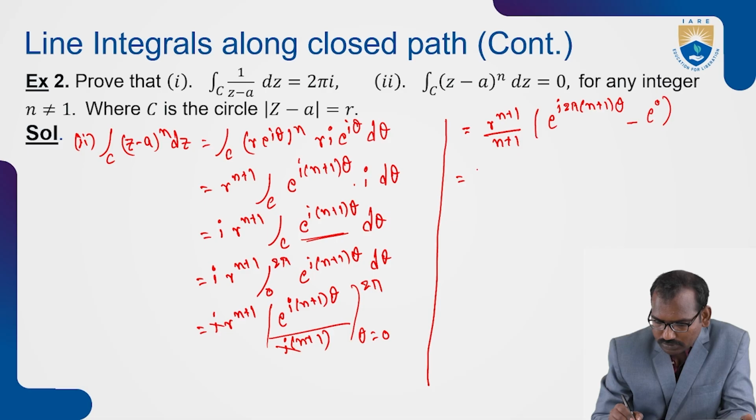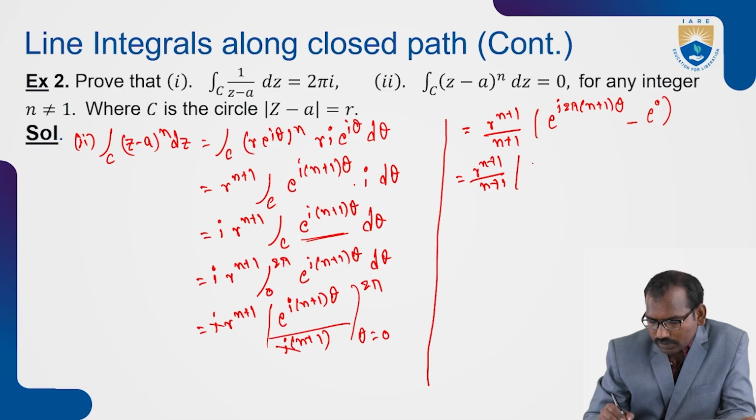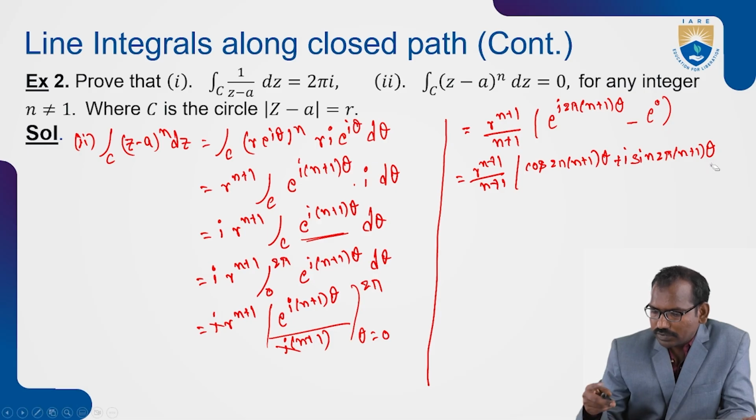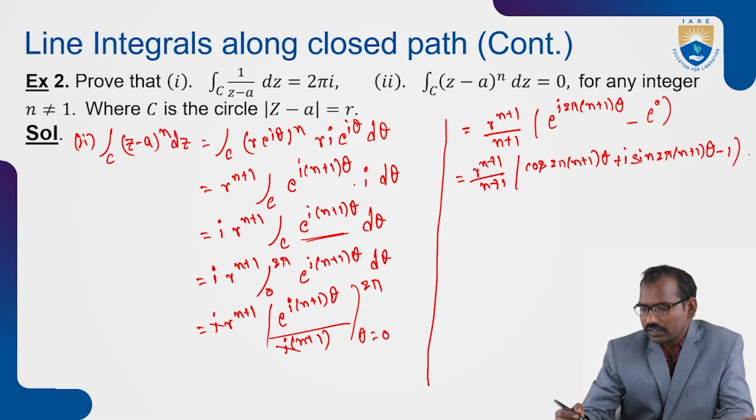So it is r power n plus 1 by n plus 1, times [cos of 2 pi (n plus 1) plus i times sin of 2 pi (n plus 1)] minus 1, because e power 0 is 1, and e power i theta I am writing by Euler's theorem.